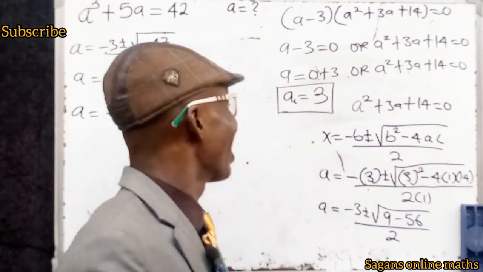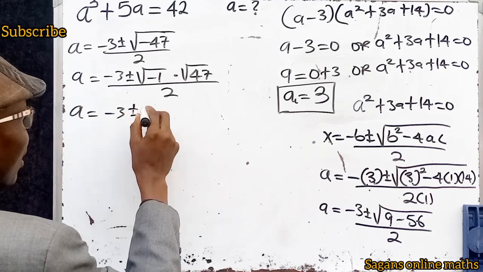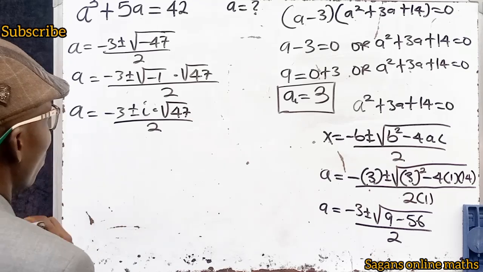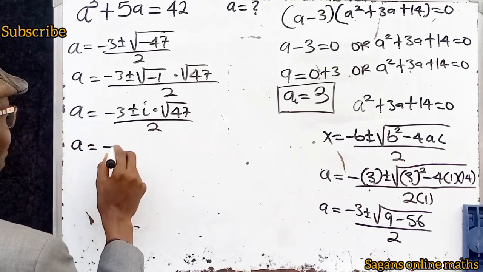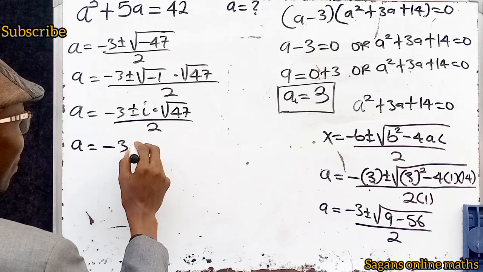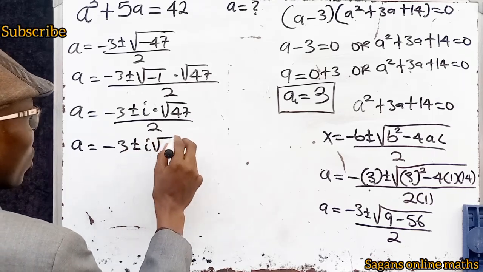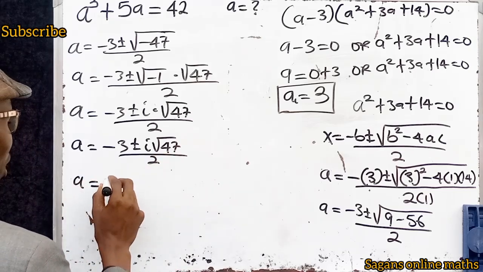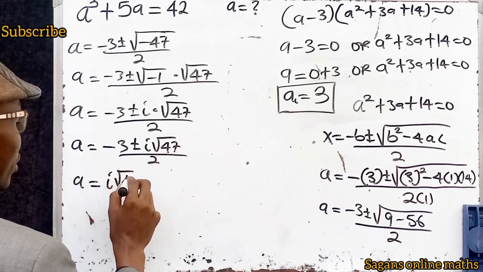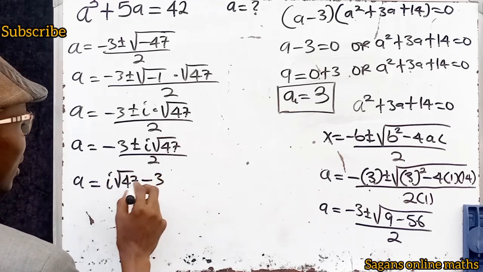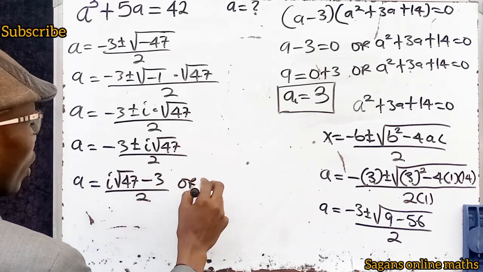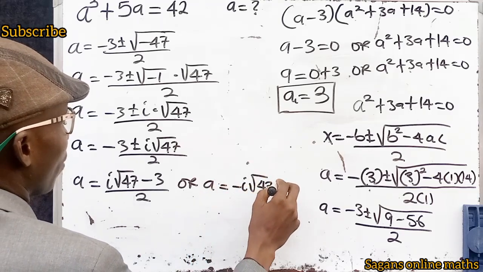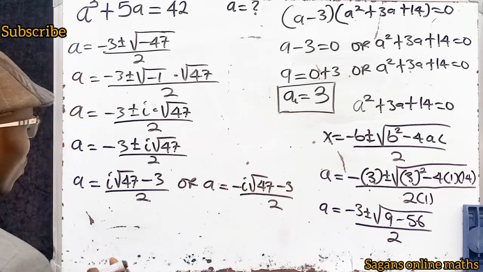Okay? Simple. Now, that means plus or minus i multiplied by root 47, divided by 2. Now, that means a is equal to minus 3 plus or minus i root 47, divided by 2. It means that our a is equal to i root 47 minus 3, divided by 2, or a is equal to minus i root 47 minus 3, divided by 2.